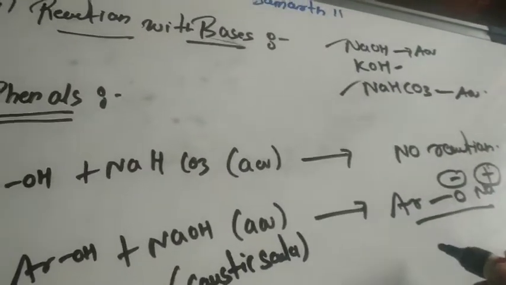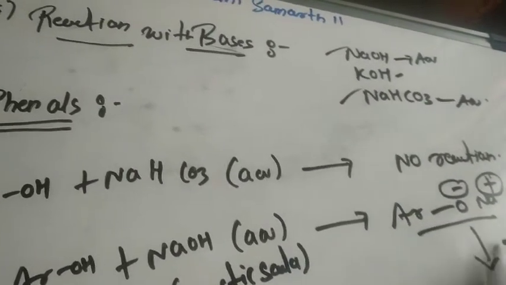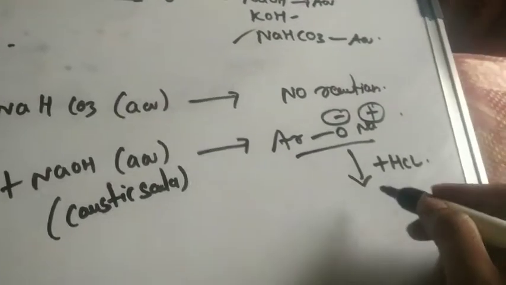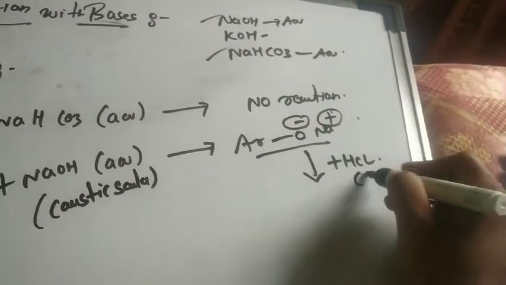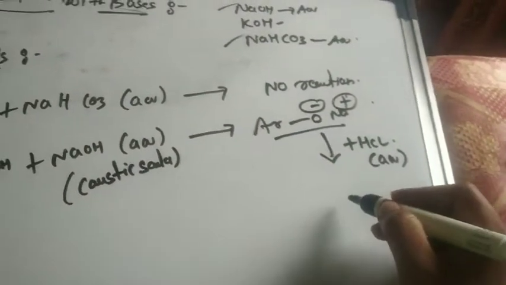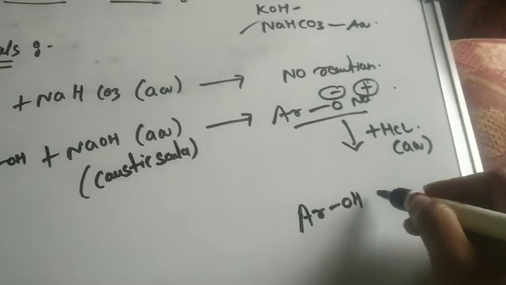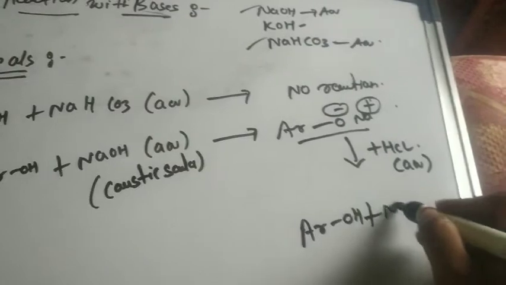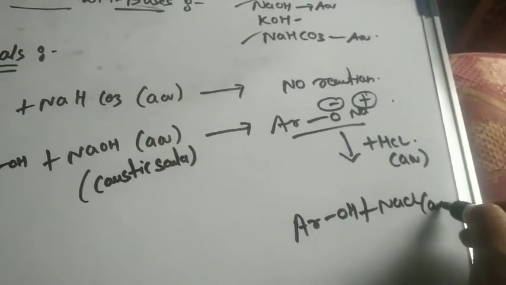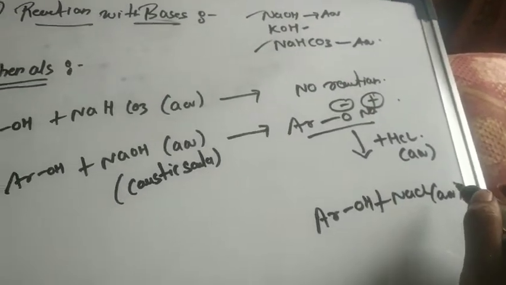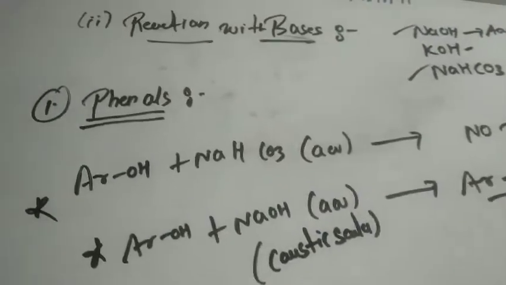If we pour HCl on this, when we treat this with the HCl, what will happen? It will get regenerated. See, this is also aqueous condition. It will get regenerated. That means the phenol will be formed again plus NaCl in an aqueous medium, right? So this is how the particular reaction is.